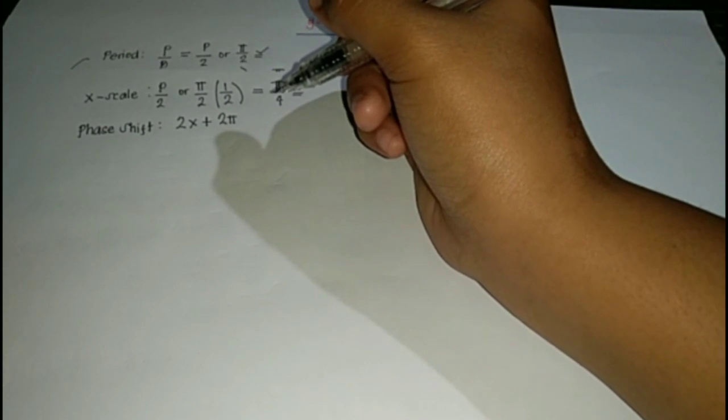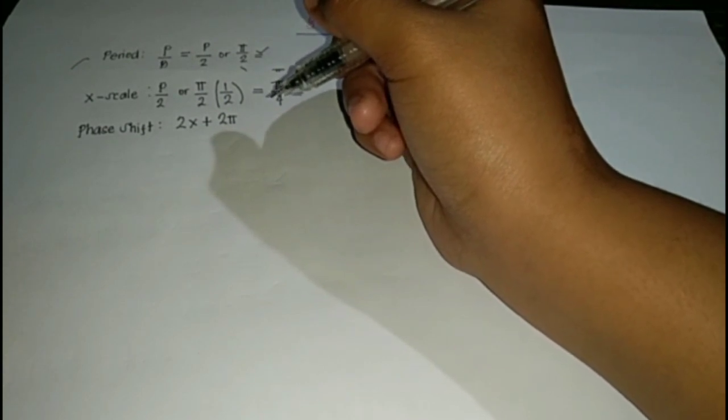Next is the phase shift. In finding the phase shift in sine and cosine functions, we will equate this expression to 0. So we have 2x plus 2π equals 0. In order to get x, we need to transpose 2π to the right side.